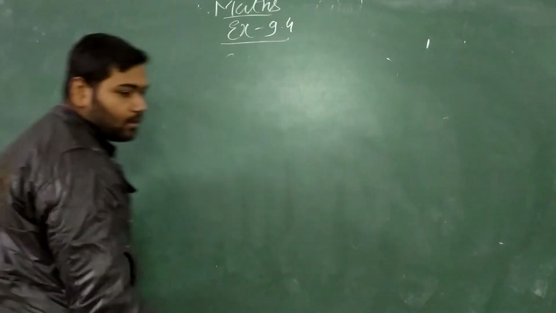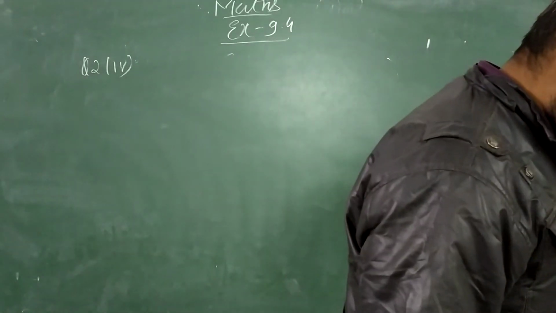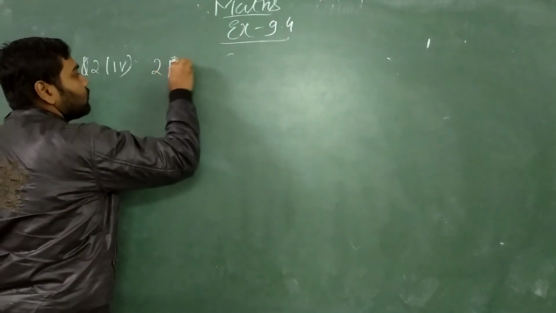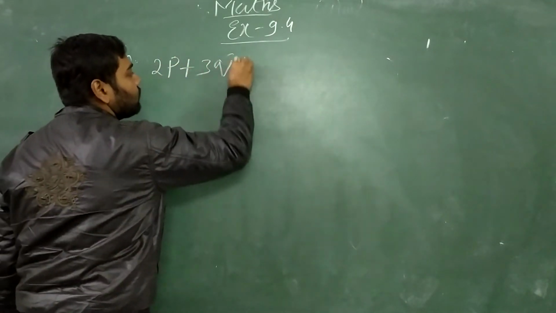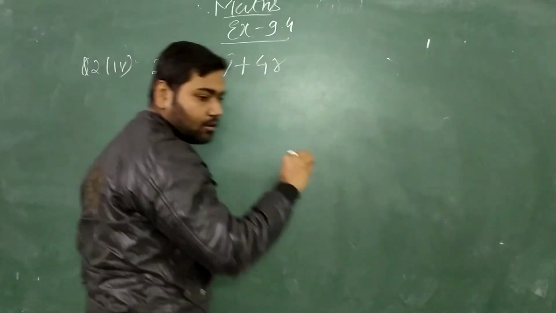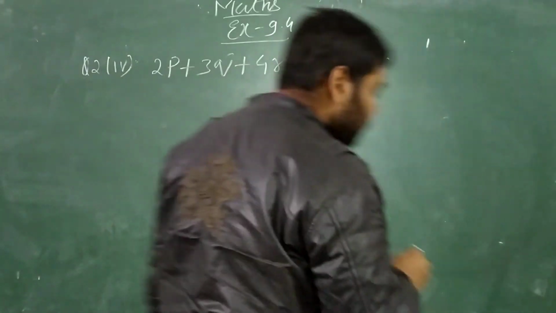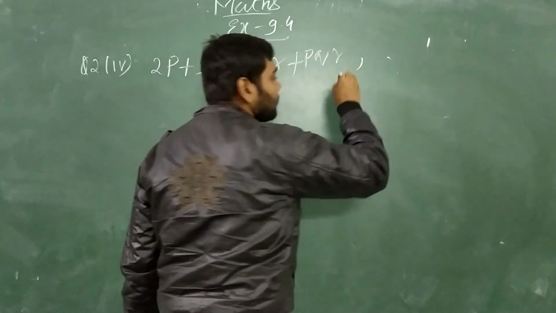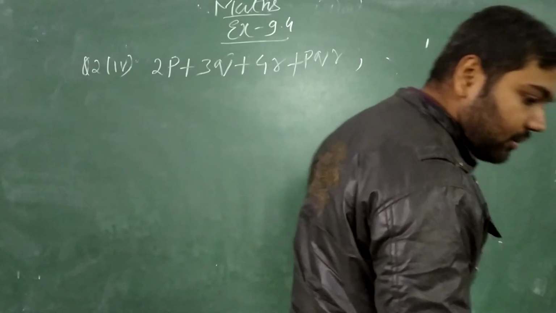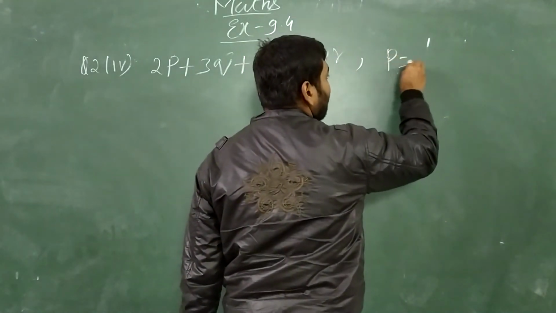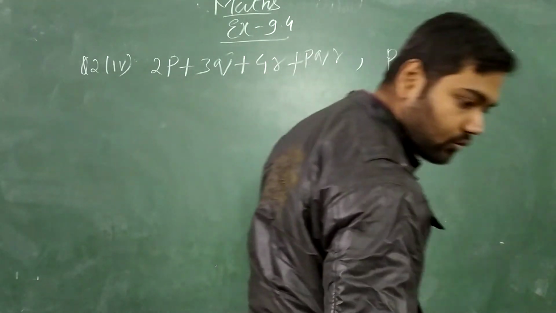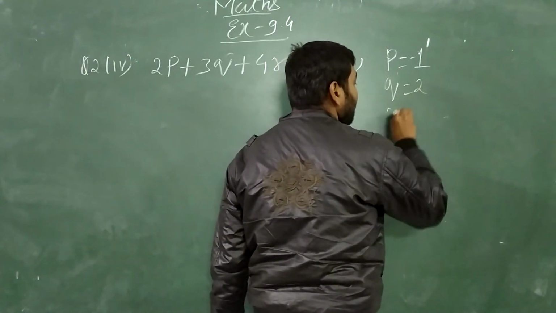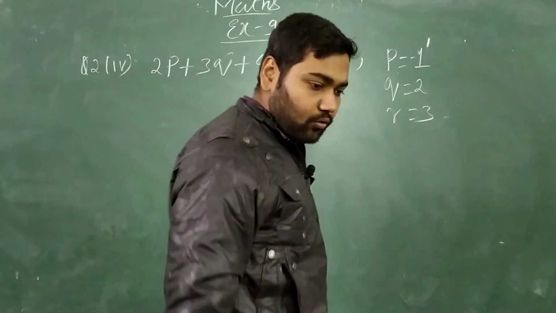It is written 2p plus 3q plus 4r plus PQR, where the value of P is minus 1, value of Q is 2, and value of R is 3 given in the question, okay.